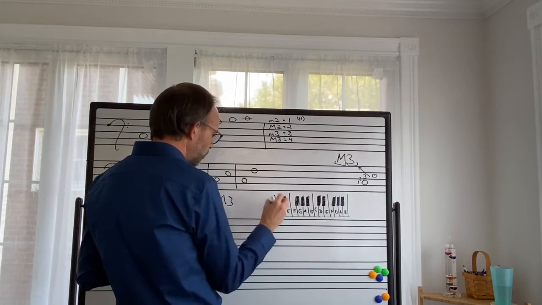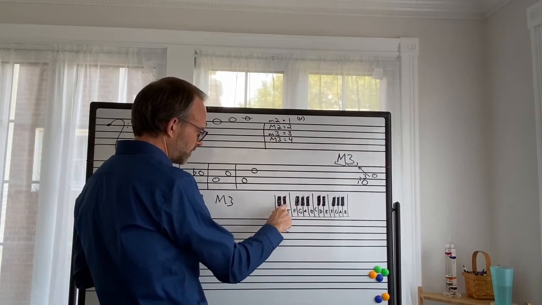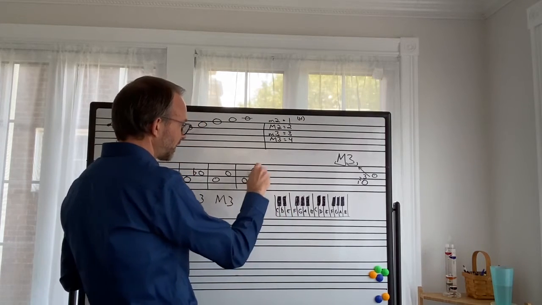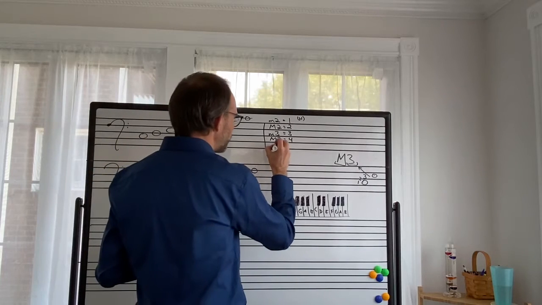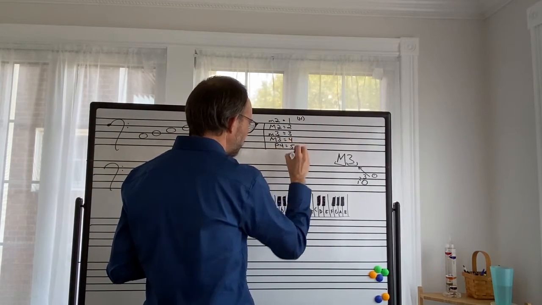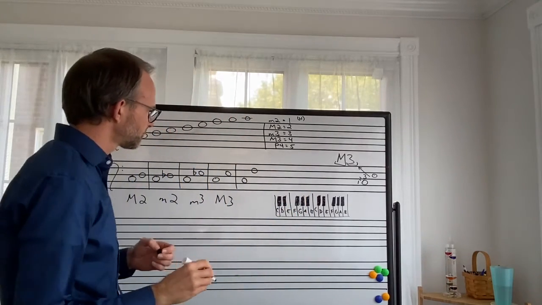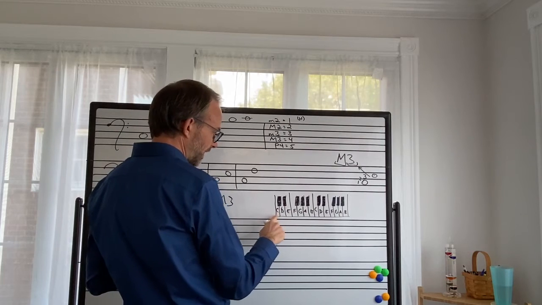Now we get to the one with 5 half steps here. C, 1, 2, 3, 4, 5, C to F. Now there's no major fourth, there's no minor fourth, there's only a perfect fourth. We'll talk about that at some point in the future. And now to get to the interval that has 6 half steps.